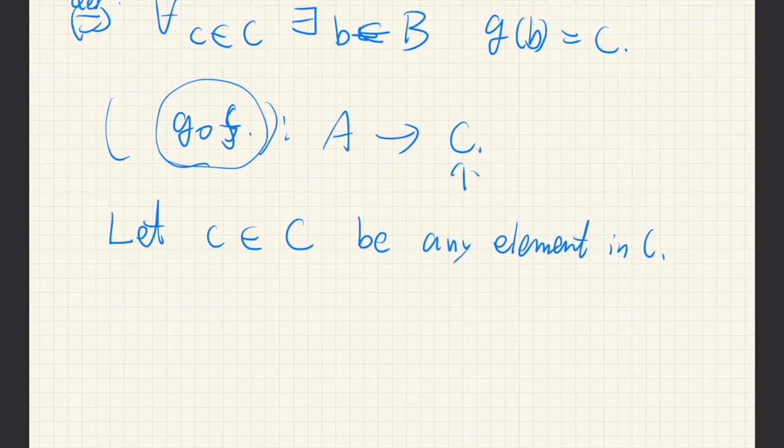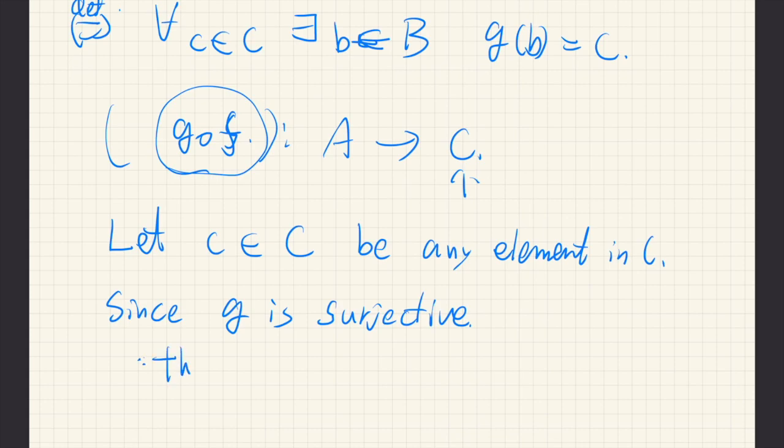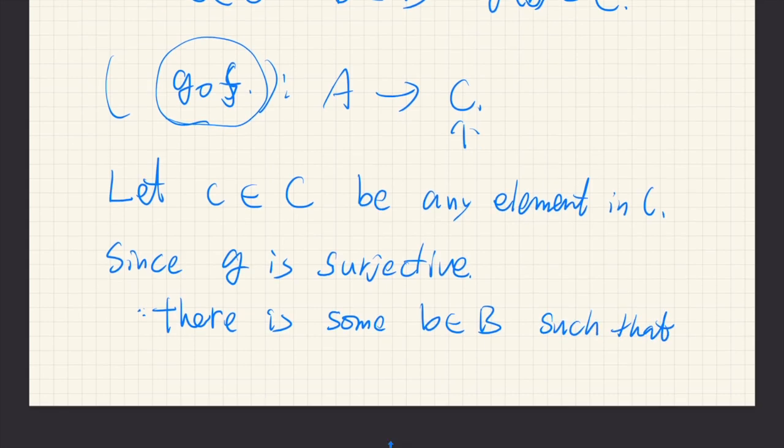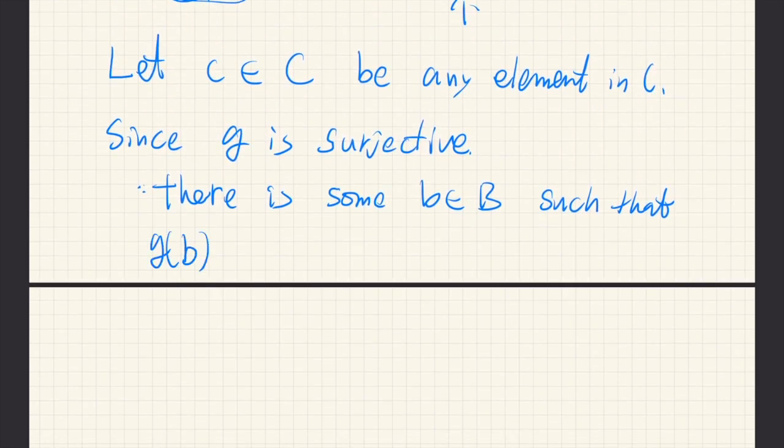In C. Okay. So since g is surjective, there is some element in B such that g of b is equal to c.